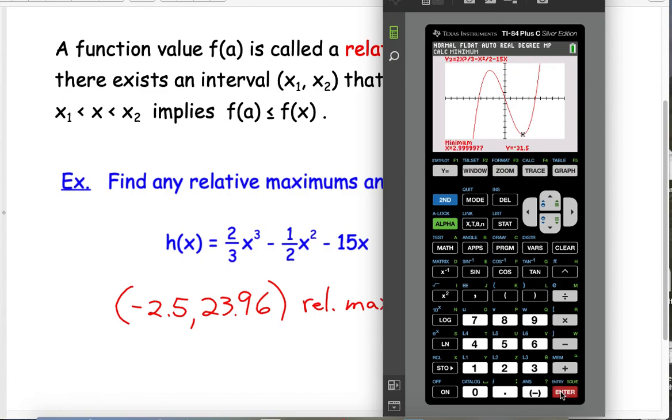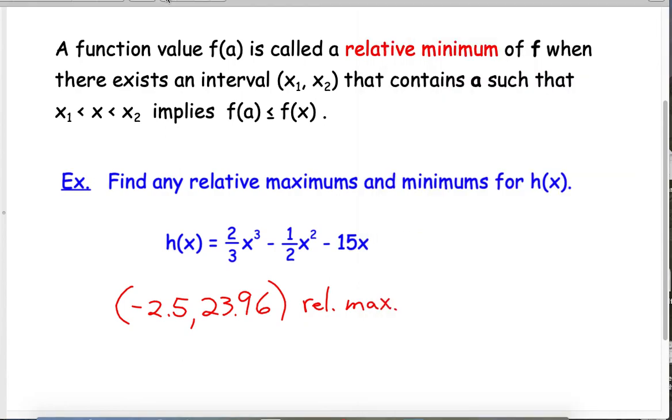So this time it looks like x is probably positive 3, 2.9999977. So x equals 3 and y equals negative 31.5. X is 3, y is negative 31.5. And so that's how you find your relative max and relative min using your calculator.